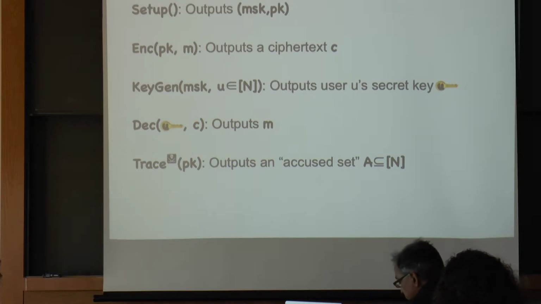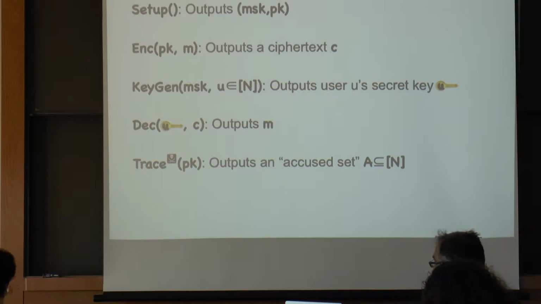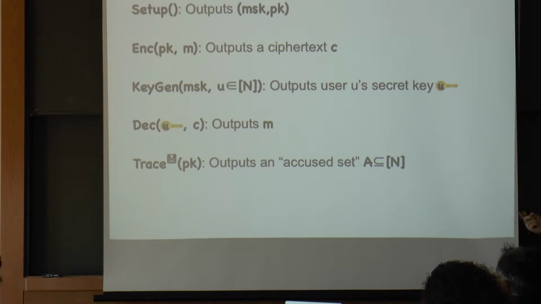And then we have a key generation procedure that, given the master secret key that's held by the authority and a user identity, which we'll just assume is an integer from 1 to some number n, outputs that user's secret key. And now once the user has a secret key and a ciphertext, they can decrypt to get the message.